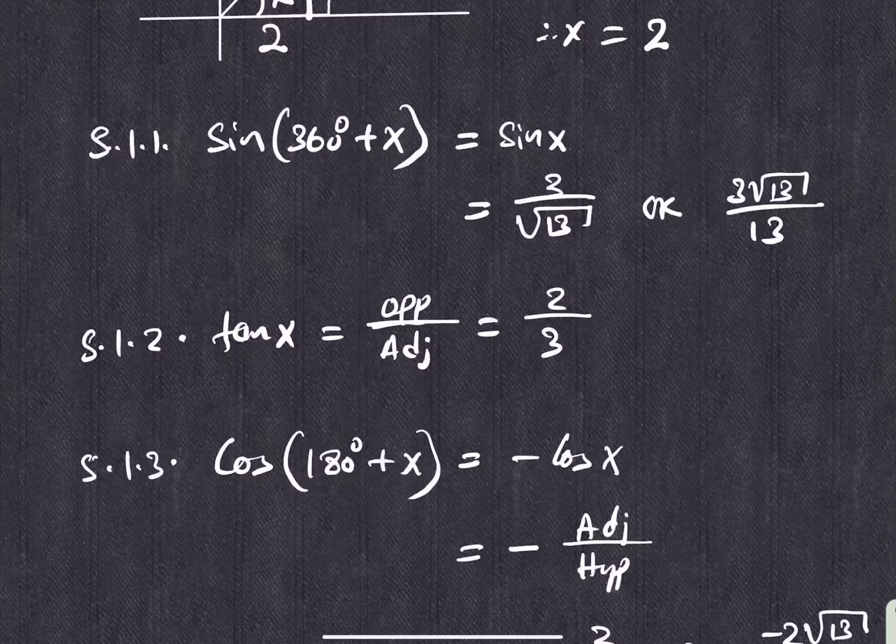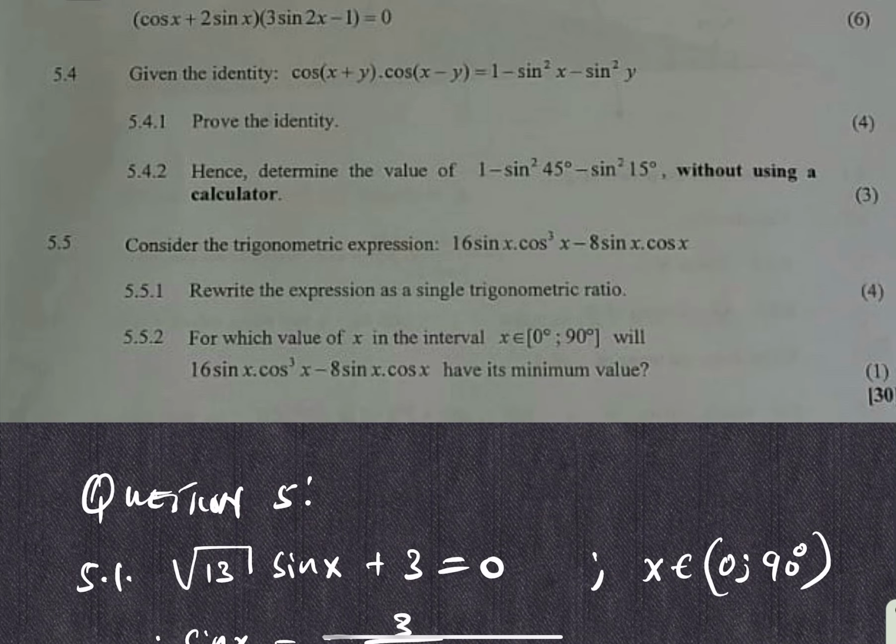What are they saying now as a last question, I guess? For which value of x in the interval 0 to 90 inclusive will this expression have its maximum value? So they're looking for the value of x for which this graph is going to have the minimum. Will have its minimum value.